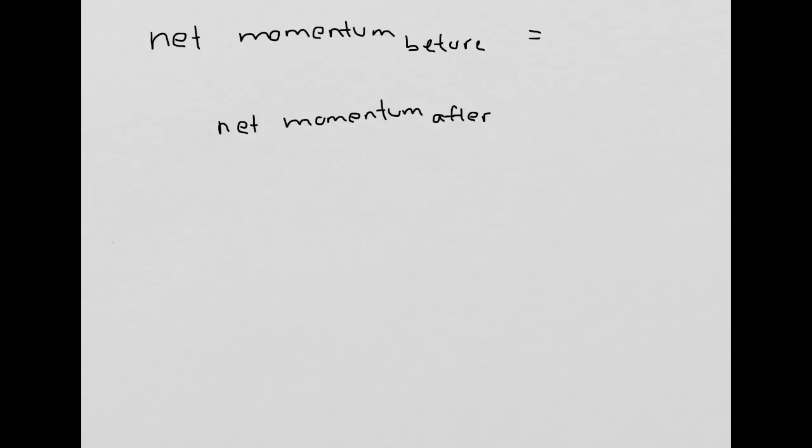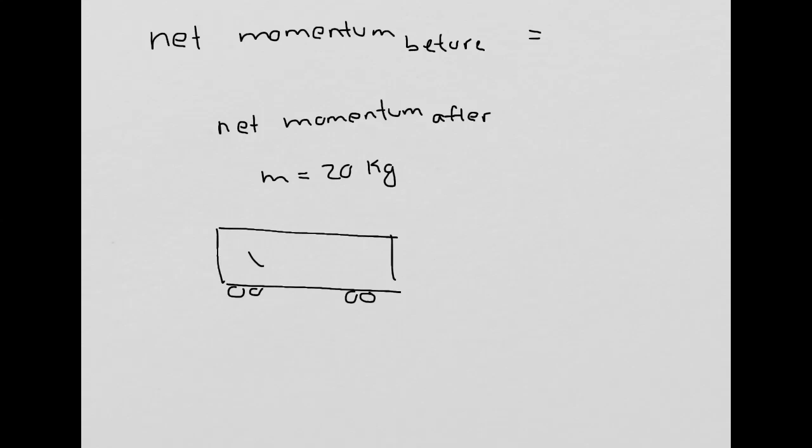Okay. So let's consider an example. Let's say that I have one train with a mass of 20 kilograms. It's a light train, and it's moving at a velocity of 5 meters per second.